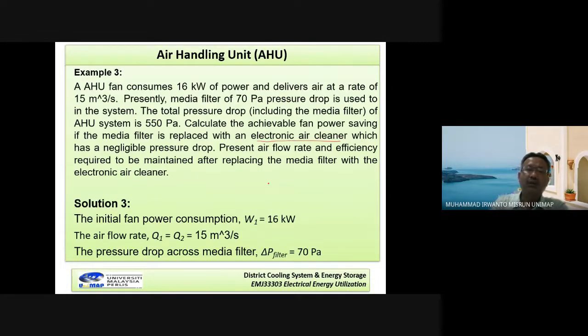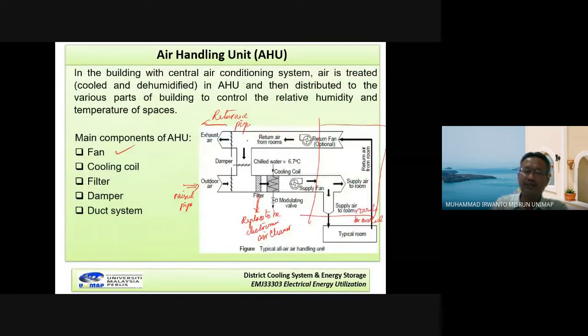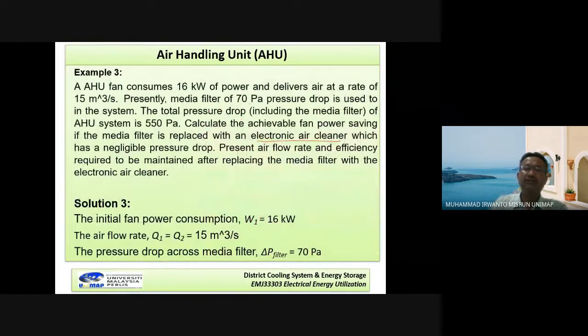So when the fan consumes 16 kilowatt here, the flow rate from here to here will be maintained before and after replacing with the electronic air cleaner. This one, flow rate, 15 meter cubic per second. I give symbols here: 1 is for the filter, 2 is for the electronic air cleaner.